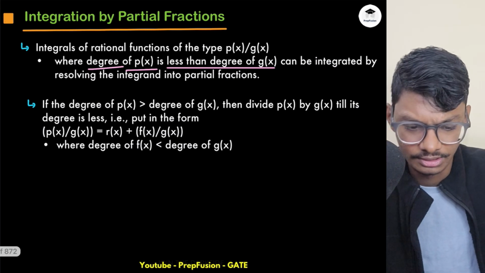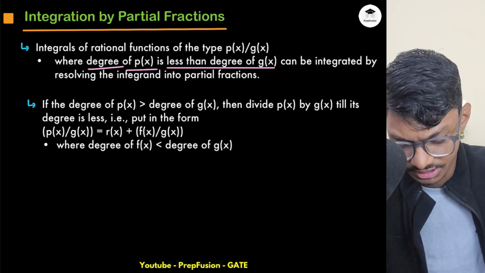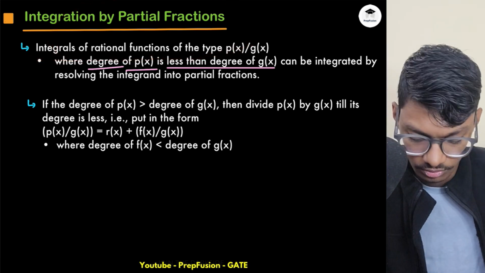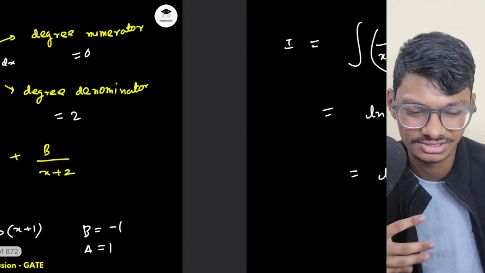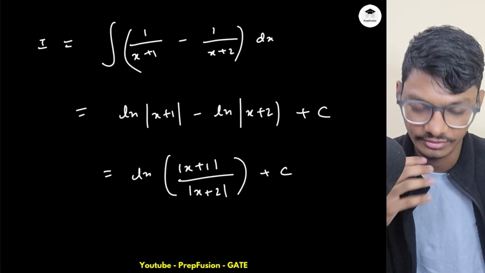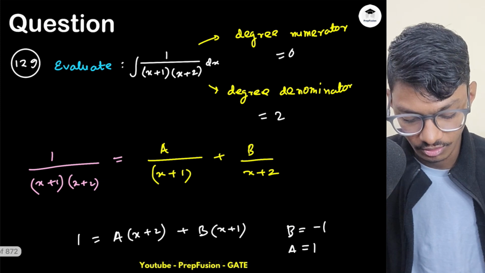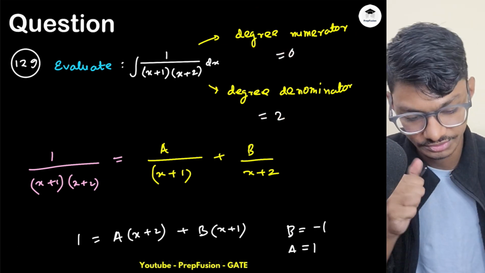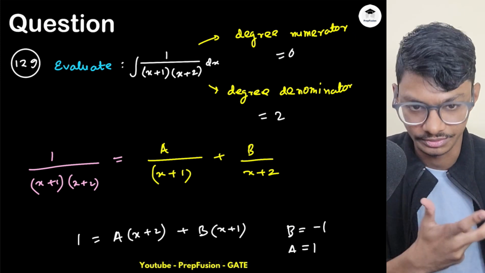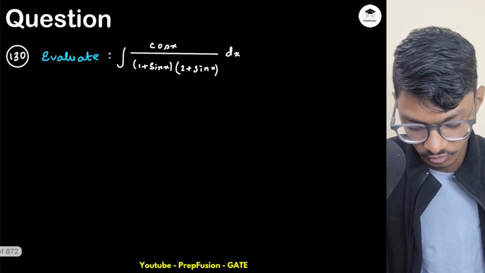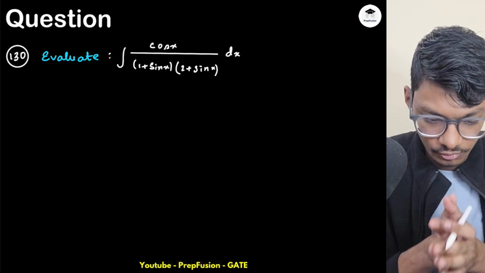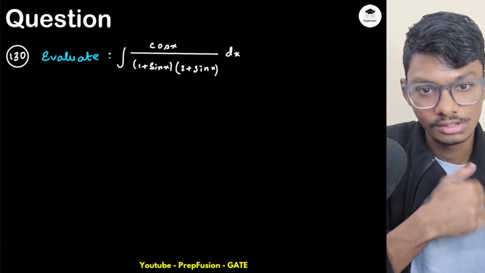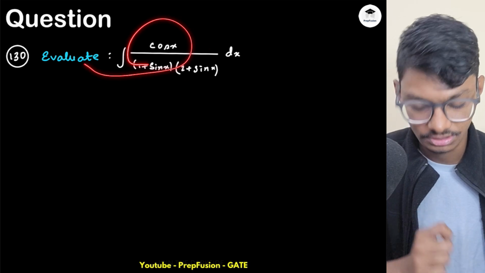Then I gave you this integration by partial fractions. So here, this is just a simple method. Whenever you are given rational terms and whenever the power of the denominator is more than the numerator, obviously you will use partial fractions, okay, to simplify your equation. So here I gave you one hint previously that you have to use method of substitution as well as partial fractions.